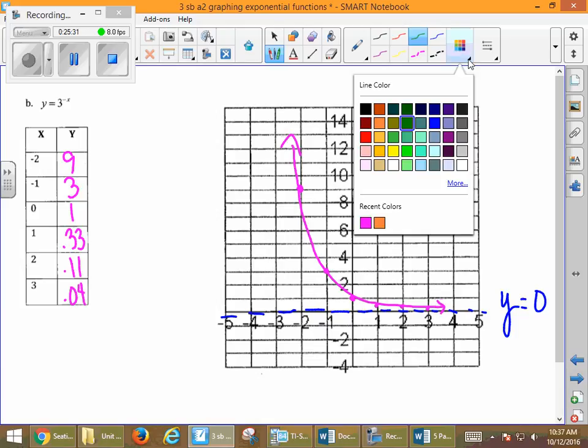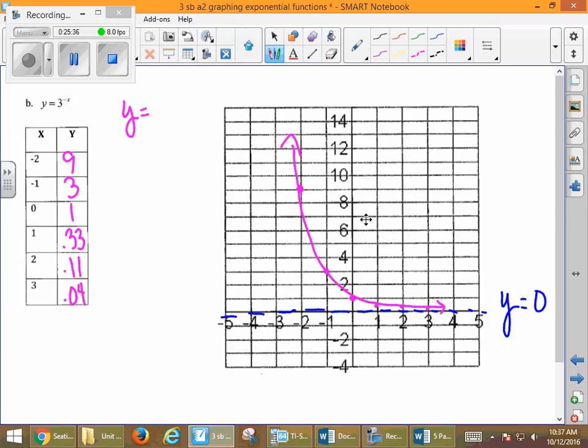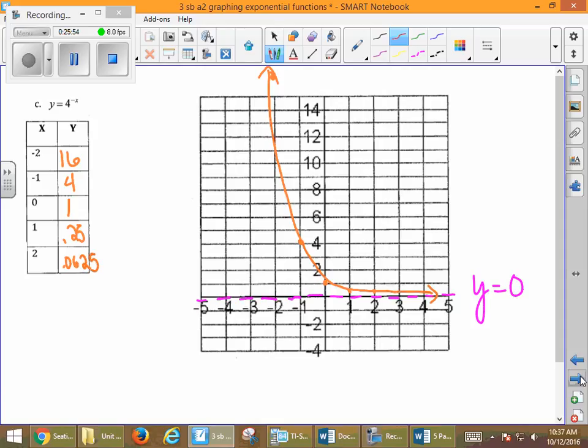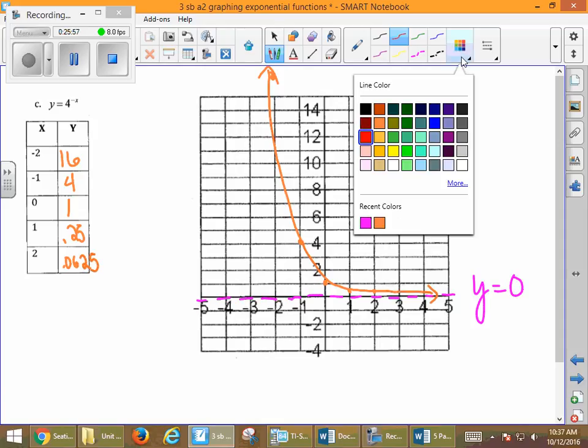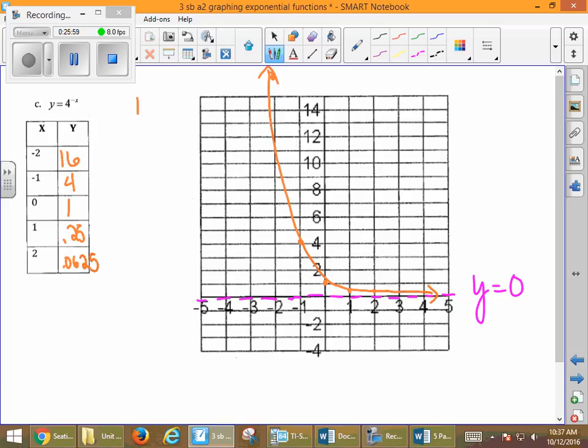If we look at this one, 3 to the negative x can become 1 divided by 3. We flip, which means that we change the sign on the exponent. And hopefully you even see the pattern before we get to letter C. But letter C, 4 to the negative x, we flip and change the sign on the exponent. And technically I should probably write y equals 1/4 to the x.